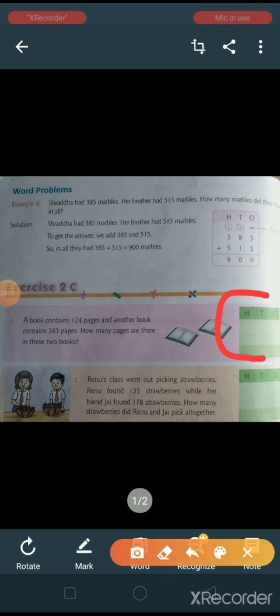Then the next step is to add 124 plus 263. First we arrange these two numbers in the columns of ones, tens and hundreds.